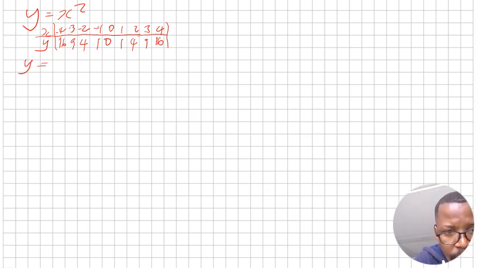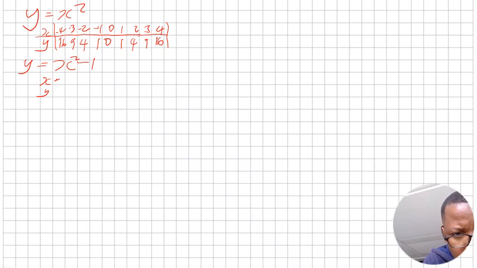Okay, so we do the same with the other function. The other function is y is equal to x squared minus 1. Table of values of this one: the x values are the same.